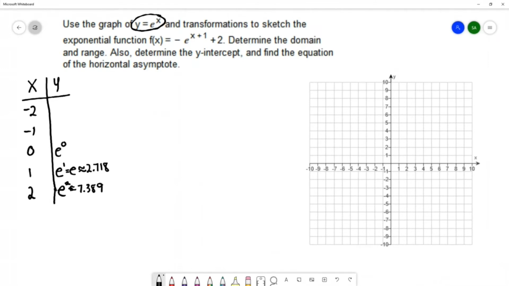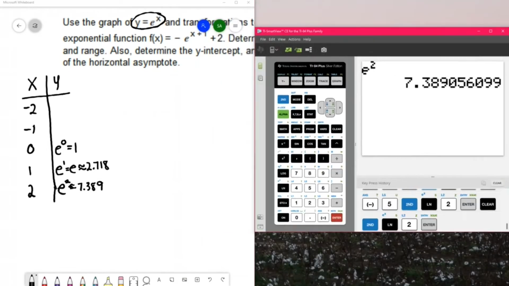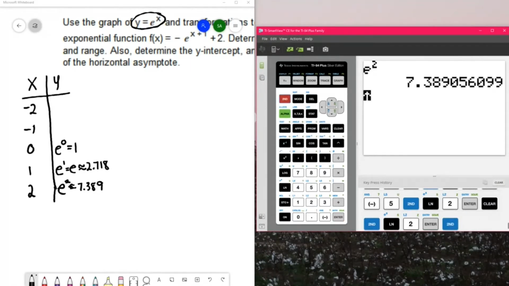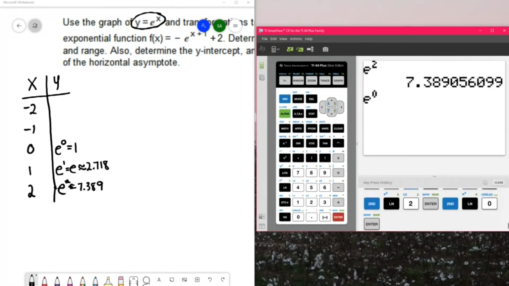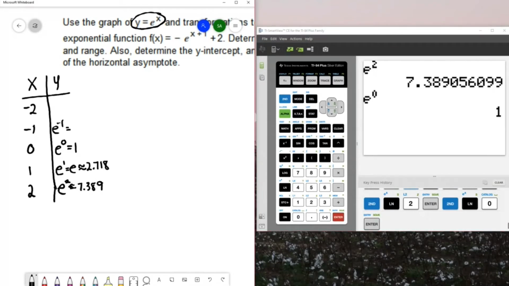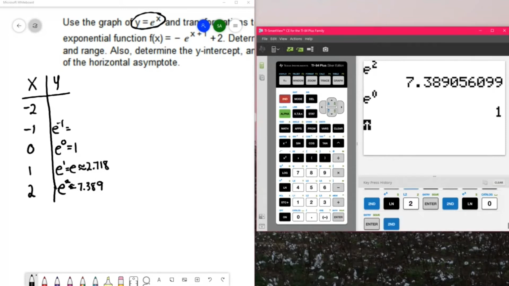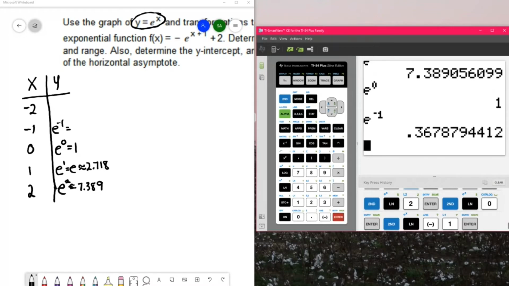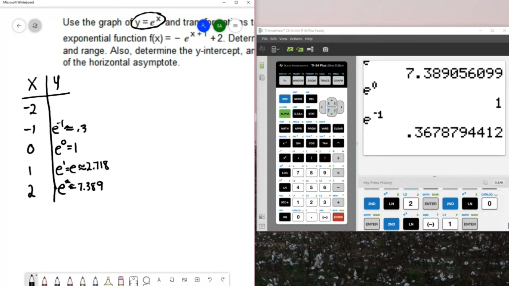e to the 0 power will be 1. We can confirm that with a calculator. And we want to have e to the -1, and that's approximately 0.368.